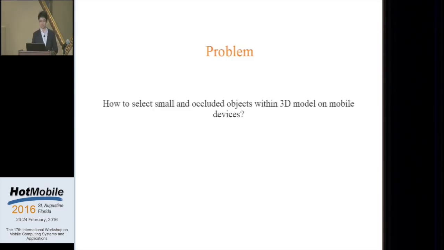So the problem is how to select small and occluded objects on mobile devices. I know there are a lot of methods that have been accomplished on a desktop, but we want to really focus on mobile devices because some planes are really high. If you want to go to the top, it's not very convenient to bring a laptop.